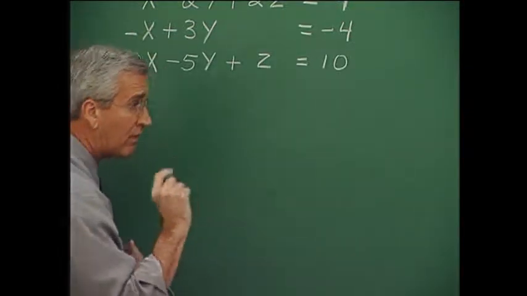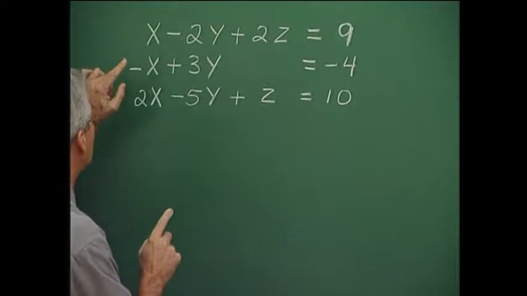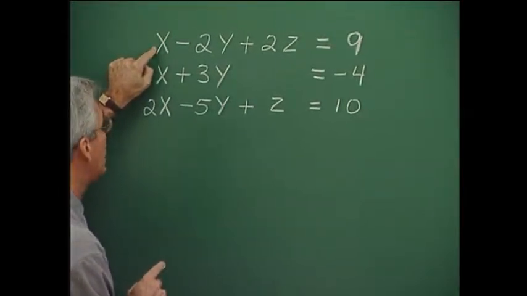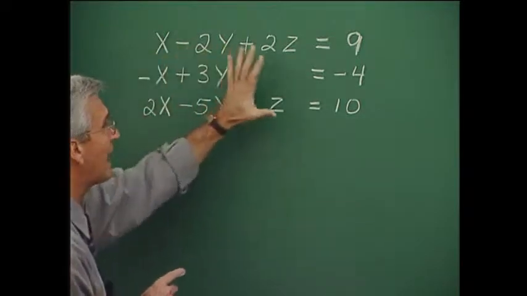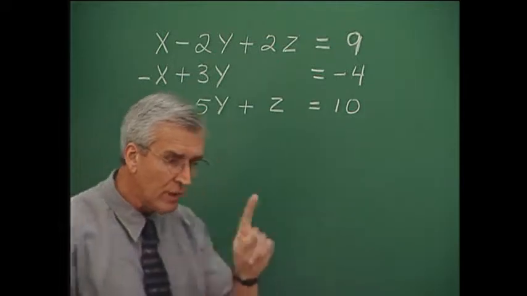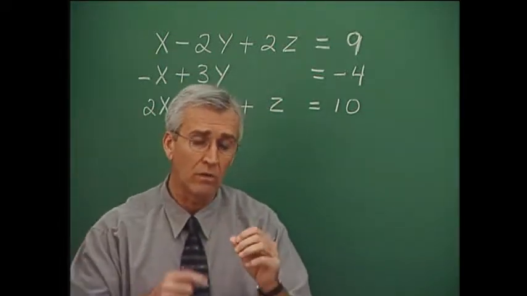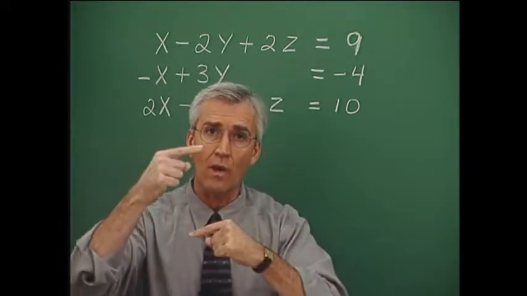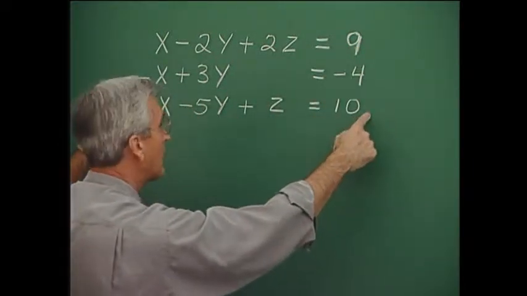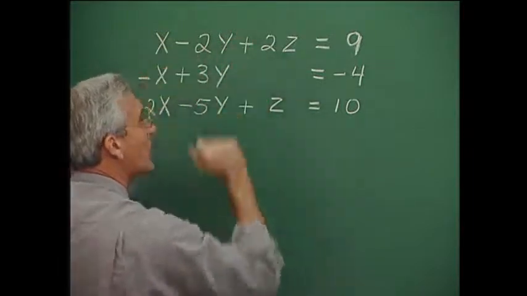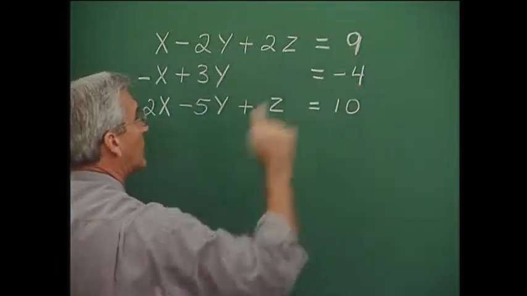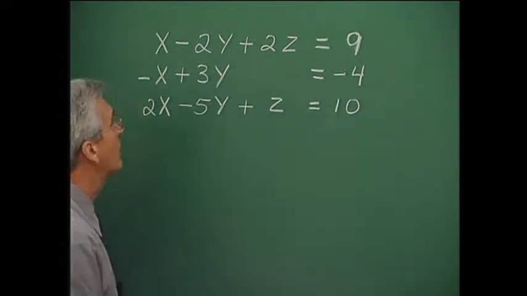The first order of business is to accomplish a leading coefficient of 1 in our top equation. We already have that here, so we don't have to manipulate for that goal. Sometimes to accomplish that goal, we have to exchange equations. For example, this equation could occur down here as equation number 3. Just imagine these two being exchanged. Then the first thing we would do is exchange them in order to accomplish this. All right, that's the first order of business.